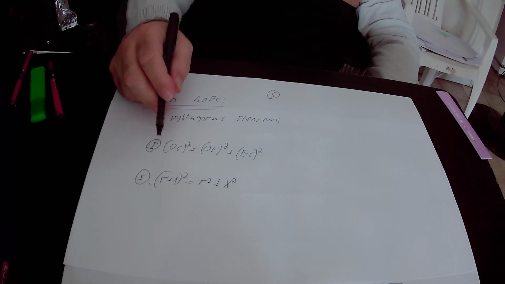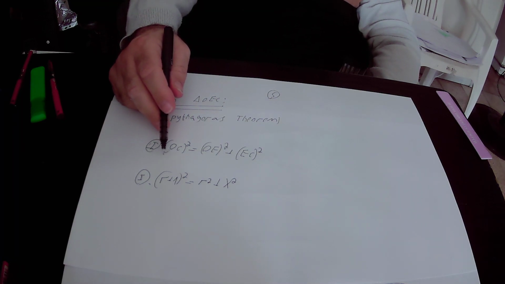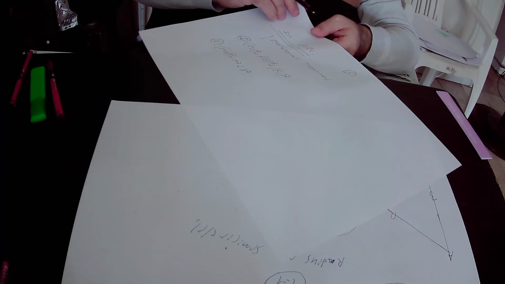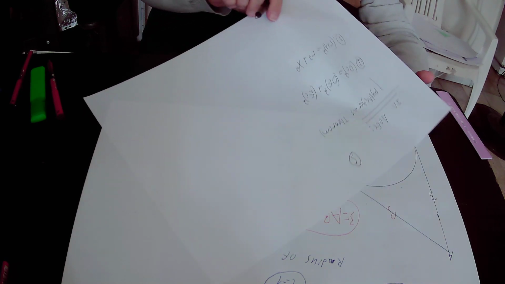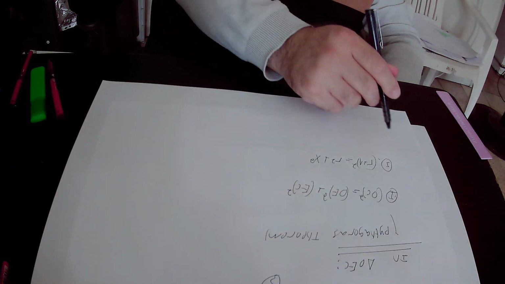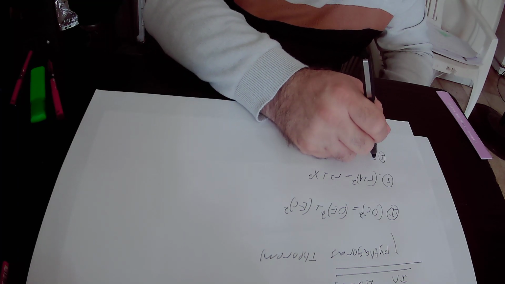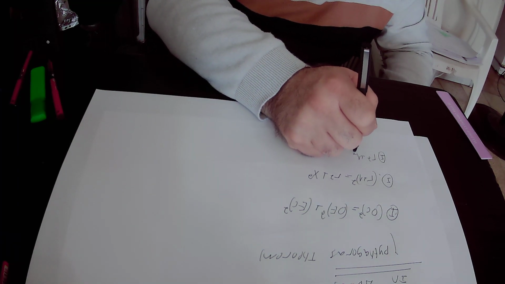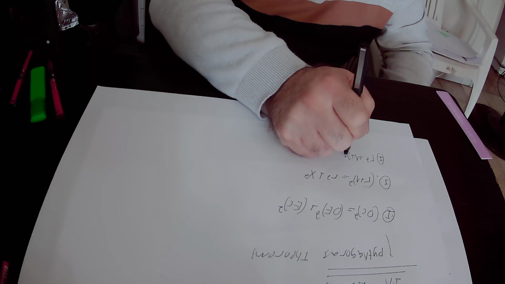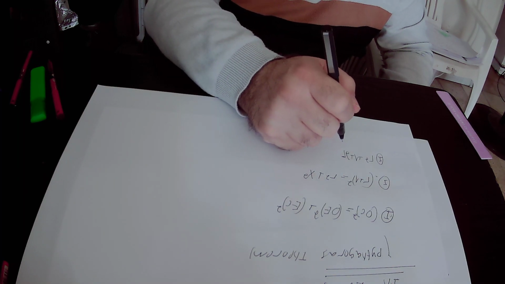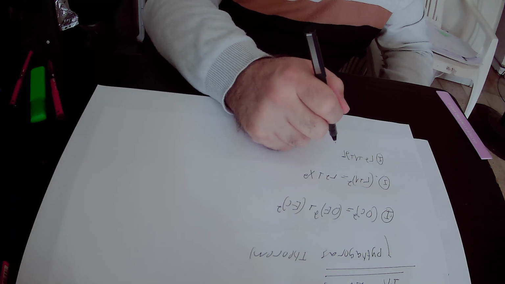Here we will open the brackets on this side of equation number 1. R plus 1 squared is actually equal to R squared plus 1 plus 2R, according to the formula that A plus B squared equals A squared plus B squared plus 2 times AB.